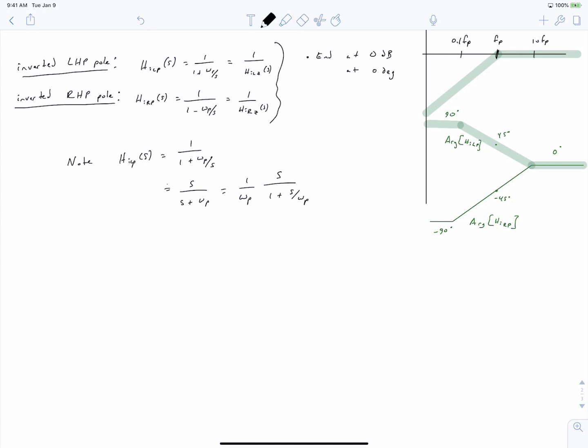So if you happen to be given a Bode plot and somebody tells you what the gain is in the high frequency, it'll be very convenient for you to use these inverted poles and zeros to extract the mathematical representation of it, because these inverted poles and zeros are always at 0 decibel in the high frequency range.